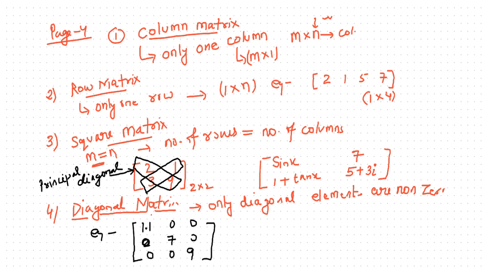This is the example of a diagonal matrix. Let me switch the page. Okay, this is page 5.